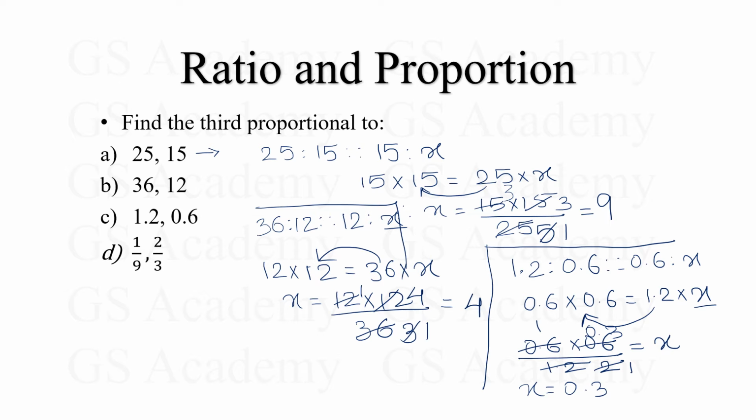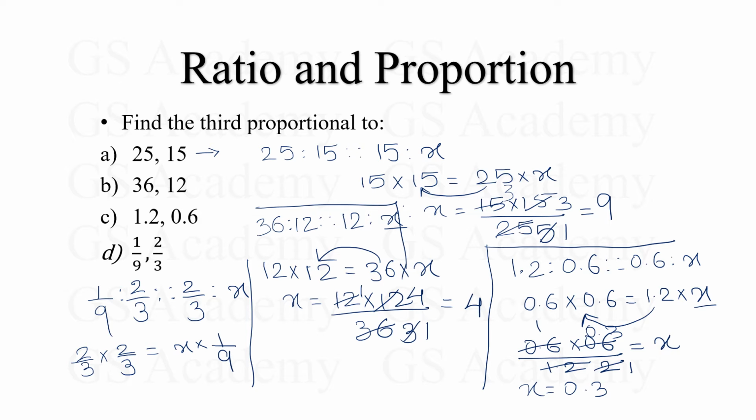Now let's see the next question. So this can be written as 1 upon 9 is to 2 upon 3 as 2 upon 3 is to x. So this can be written as 2 upon 3 into 2 upon 3 is equal to x into 1 upon 9. Now in order to find the value of x, we will shift this fraction here.